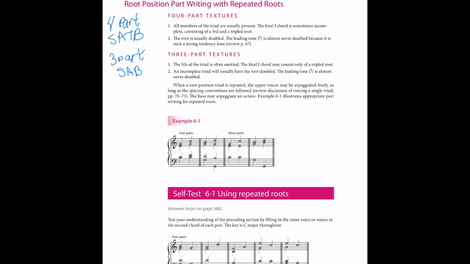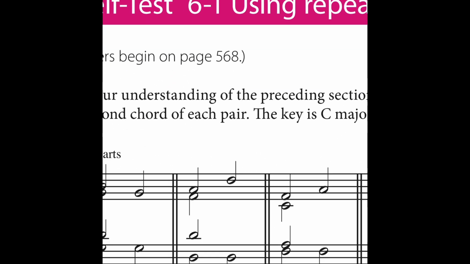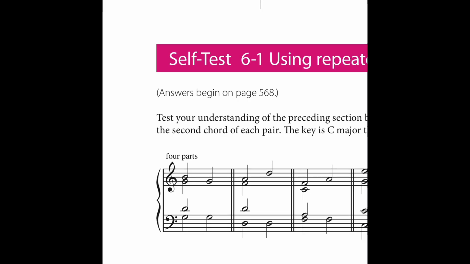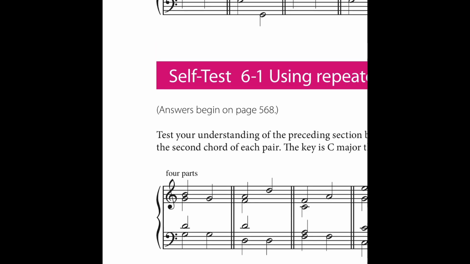Alright. I'm going to go ahead and do a 6-1 review. So, 4 part writing. Alright, I'm going to do one example of this one, just so we can see it. Alright, so 4 parts.